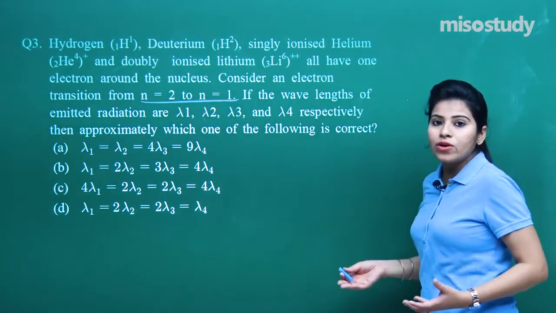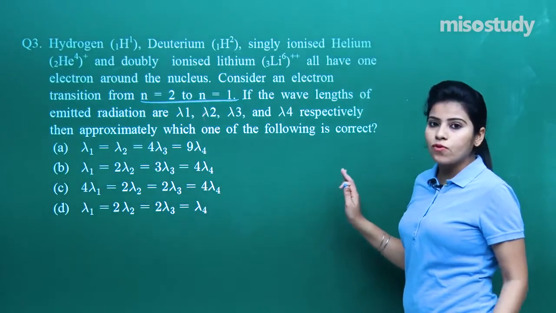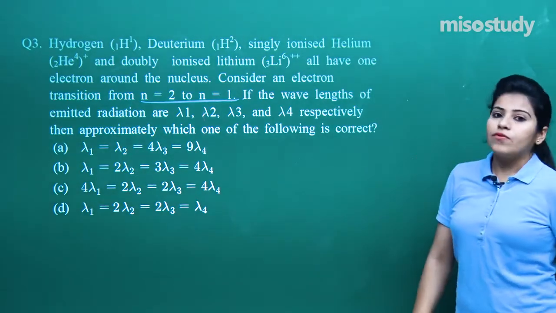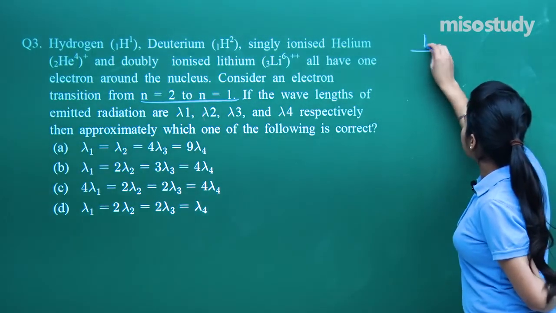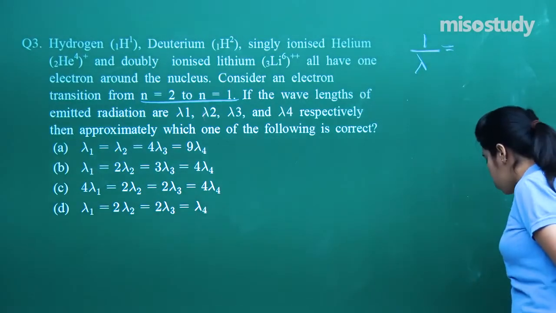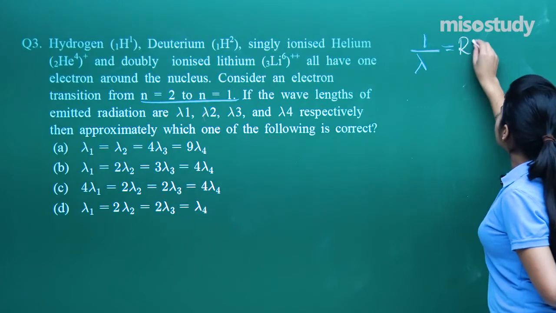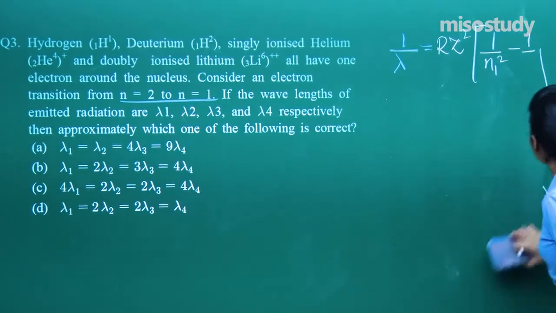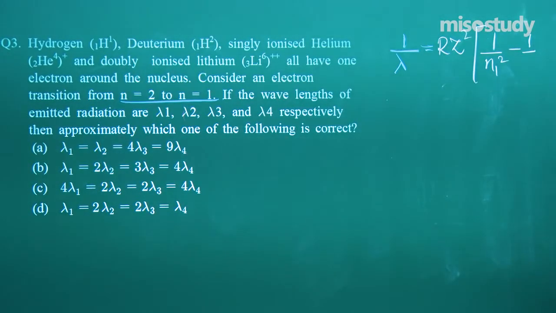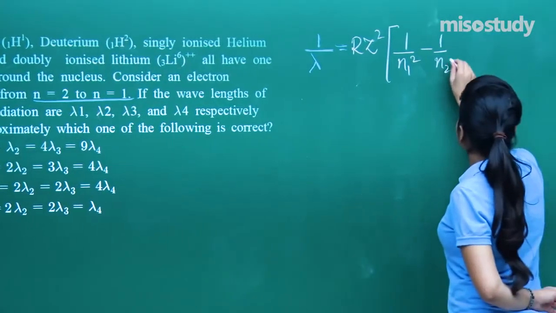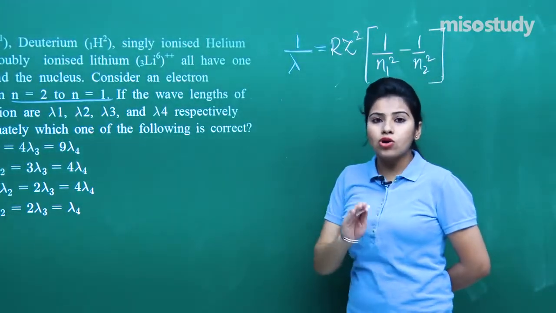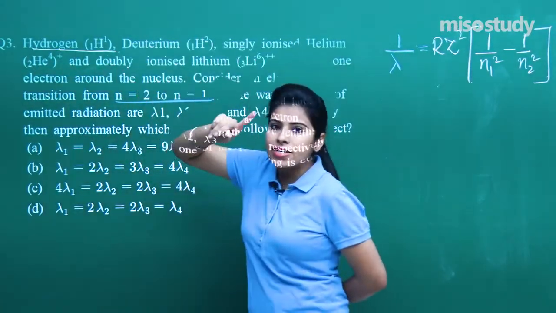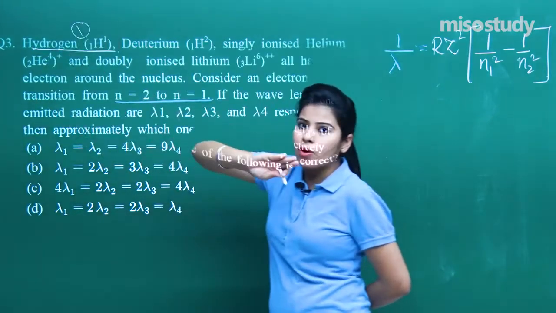Which one of the following is approximately correct? Let us find out what lambda 1, lambda 2, lambda 3 and lambda 4 are. We know the same formula, 1 by lambda equals R Z square, 1 by n1 square minus 1 by n2 square. For the first case, hydrogen, I am giving it number 1.